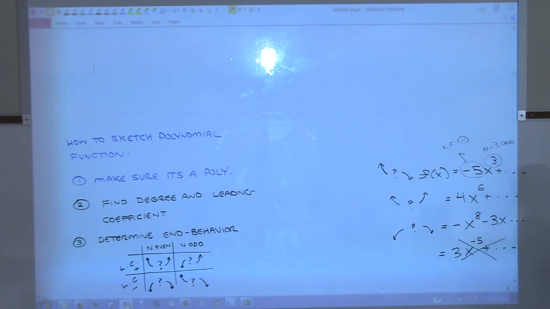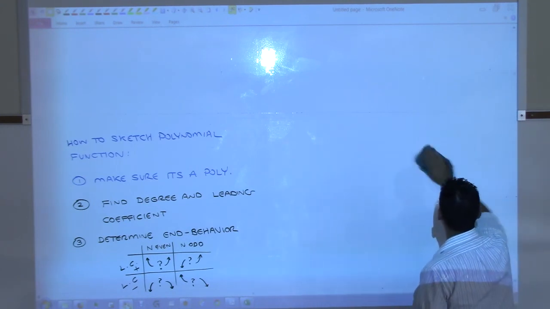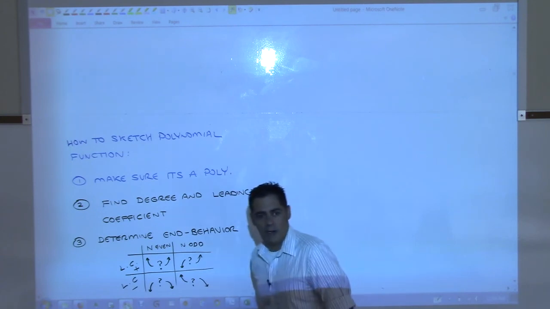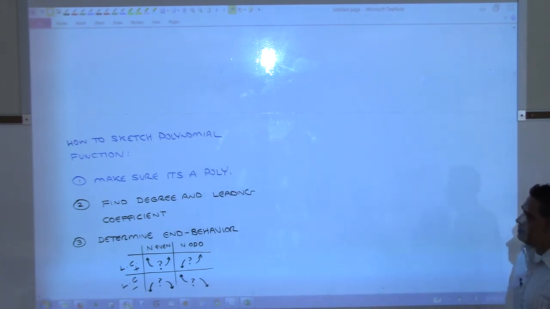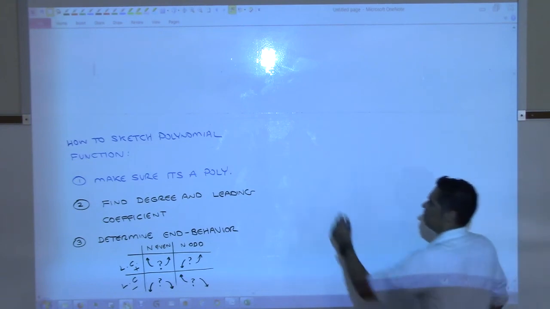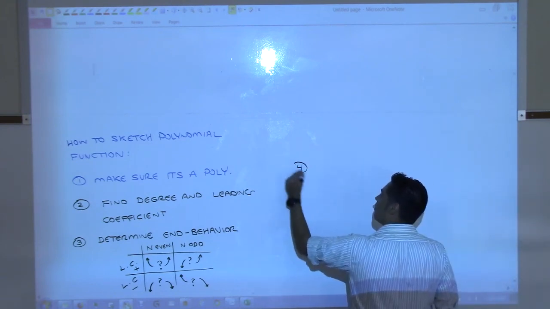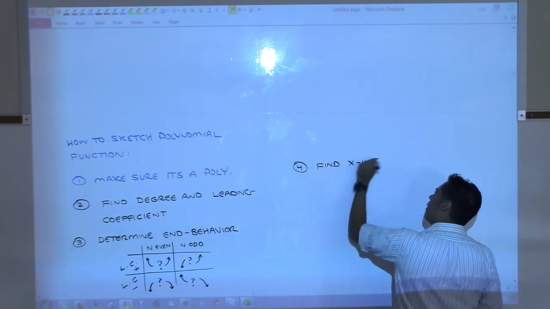All right, we good? Okay, so the third step is for us to determine the end behavior using this little chart. The next step is to figure out the x-intercepts. Find the x-intercepts of our function.